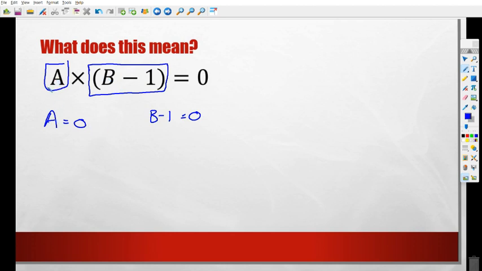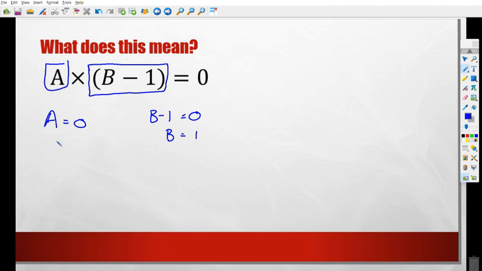A is 0. But I don't know what the value of b is here. I want to know that value. What must the value of b be for this bracket to be 0? I'm just going to take the 1 across. Solve for b: b equals 1.